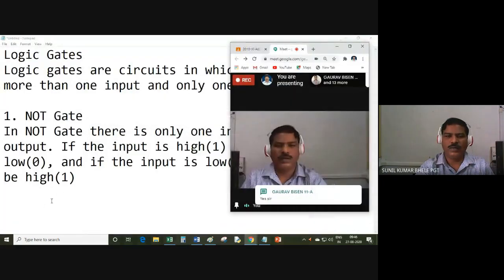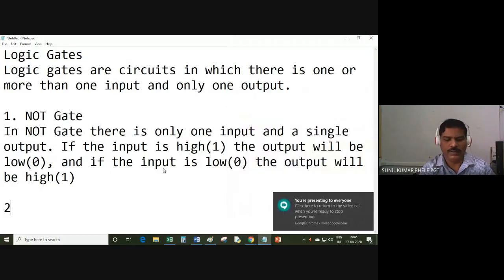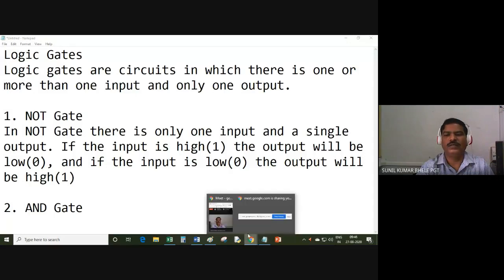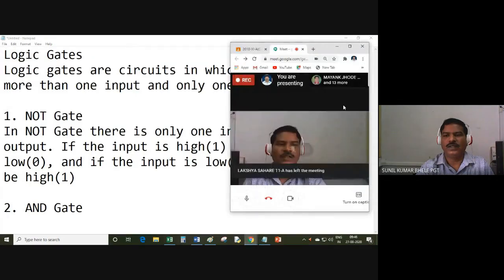Now write down about AND gate. The second gate is AND gate. So all these gates are designed on the basis of the theory given by a British mathematician.